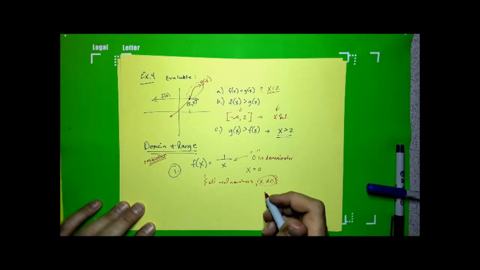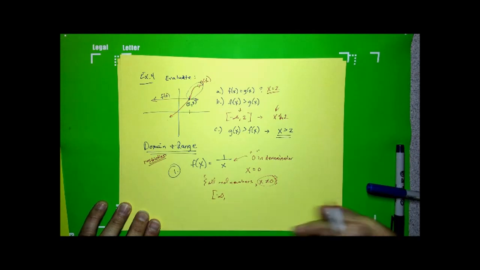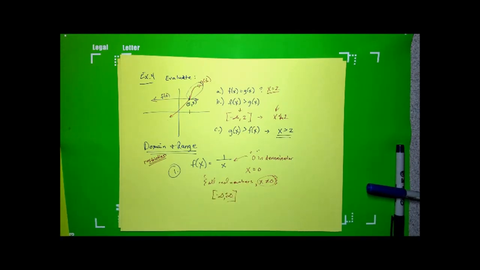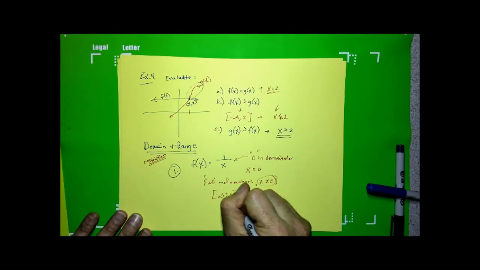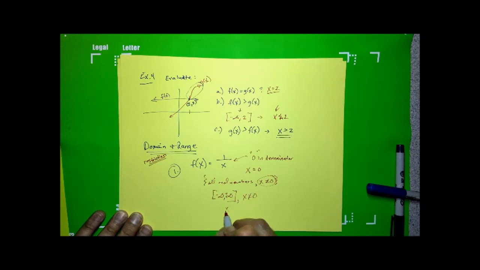I could even put this in some sort of notation, and I'm really not picky about the different notation that you will use. You can say it goes from negative infinity to positive infinity, except x cannot be equal to 0. Or you can say it this way: x can go from negative infinity to positive infinity, yet x cannot be equal to 0.